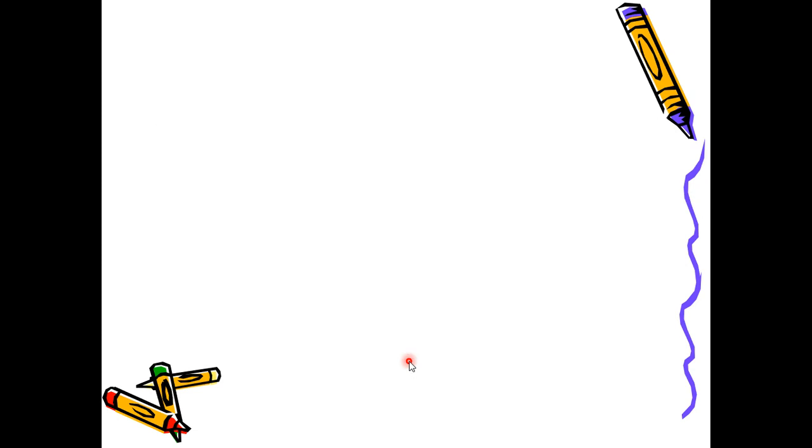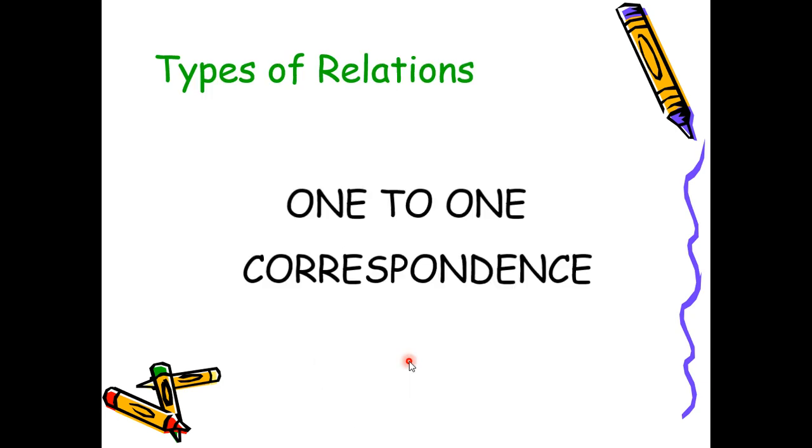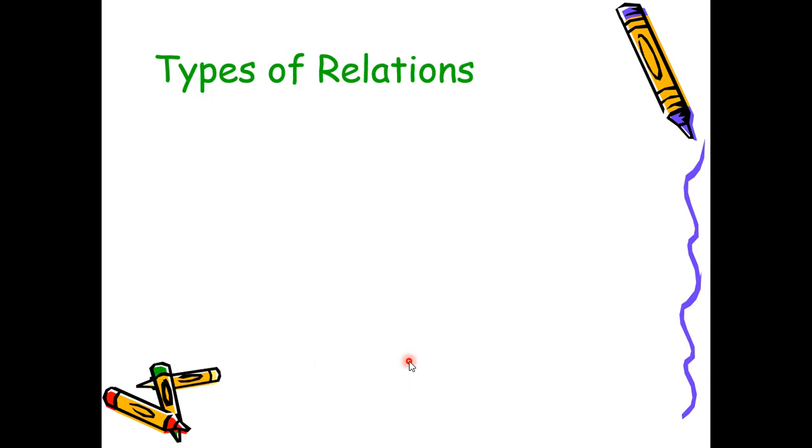Okay? But before we start discussing that, I would like to tell you first the types of the relations. So, i-discuss muna to ni teacher nang sa gayon, kapag nagbigay na ako ng example, i-relate na natin silang dalawa.